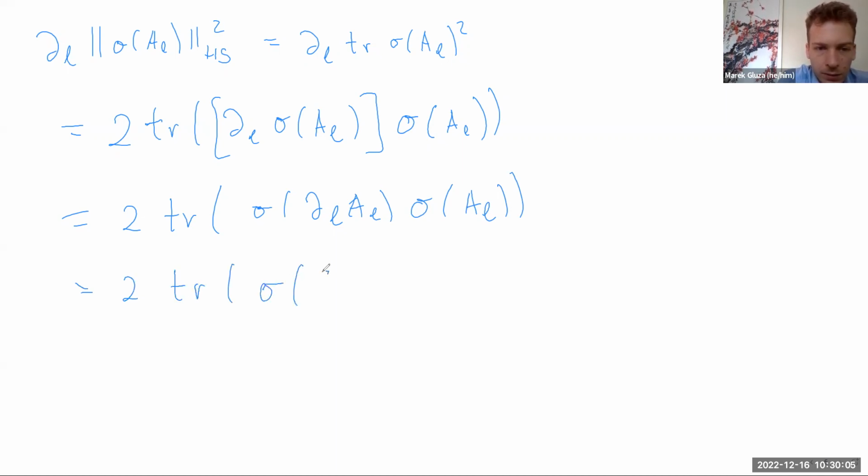So the double bracket flow equation is the derivative of AL equals W_L applied to AL, where W is just the bracket that we use for the flow.